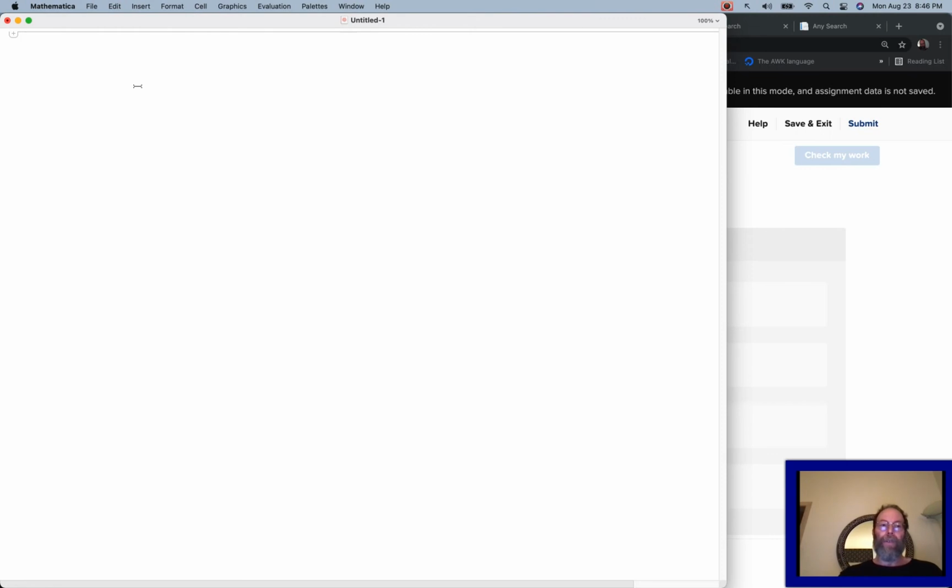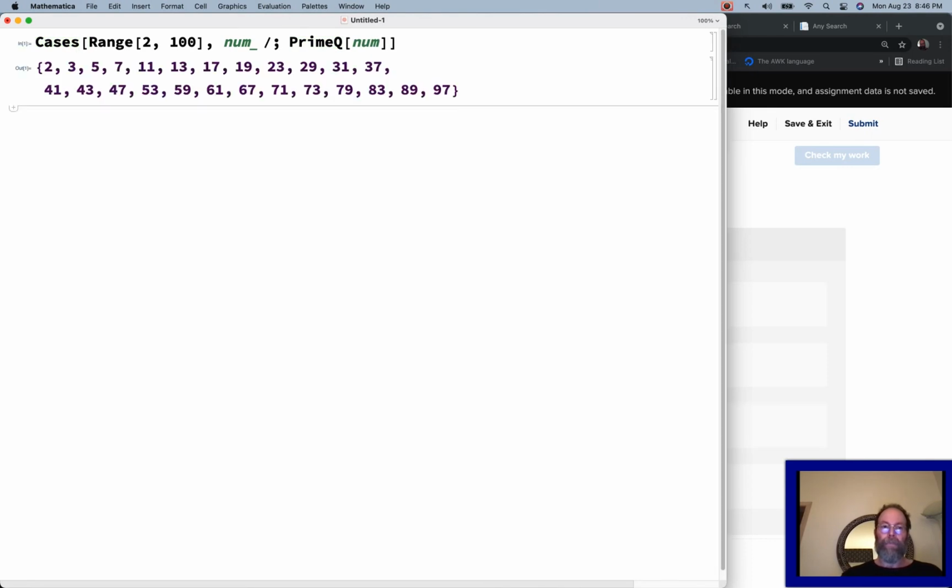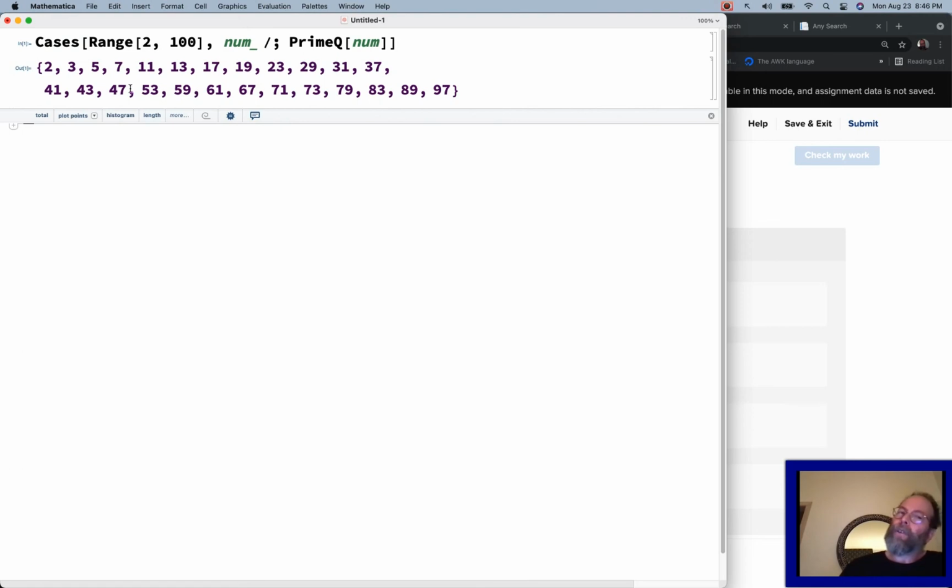What I could do is this. Cases, range 2 to 100, num, prime q num. This is going to give me all the prime integers from 2 to 100.